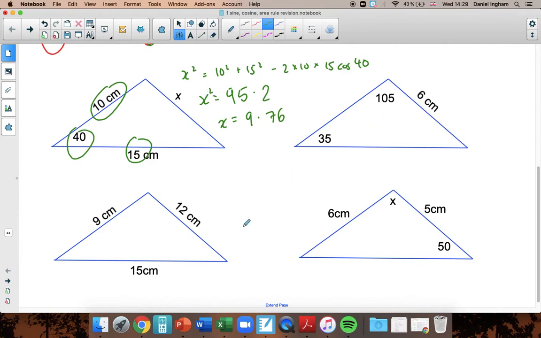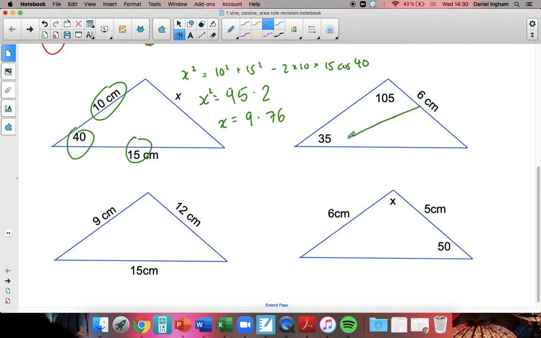Notice also with this one, you could have also found the area very easily because you've got SAS. With this next one, you've got a side and its opposite angle, and you've got an angle and its opposite side. So you could use the sine rule very easily.